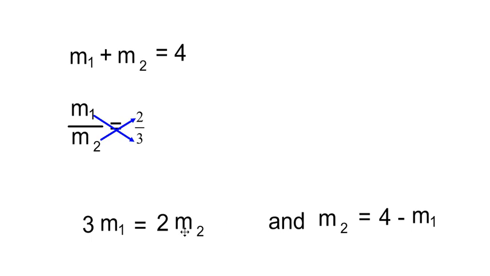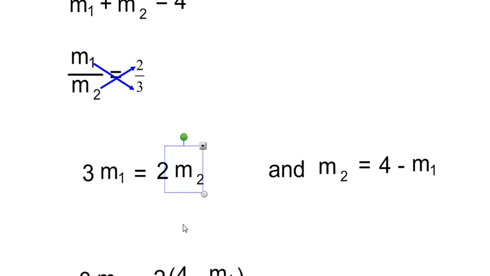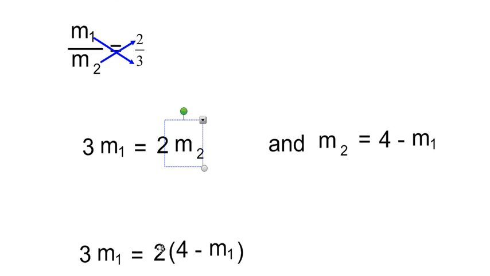Okay, let's replace M2 by its value. So 3M1 is equal to 2 multiplied by 4 minus M1, because M2 is equal to 4 minus M1.